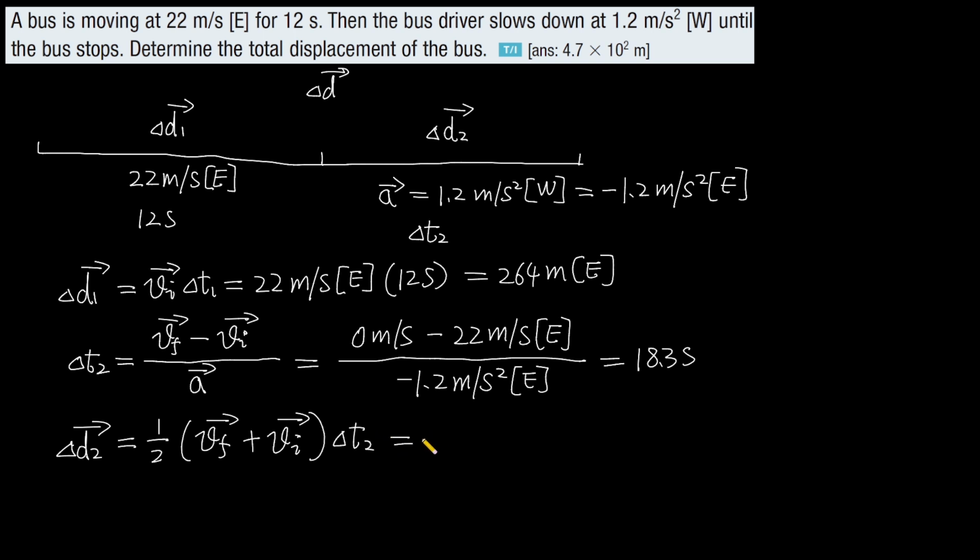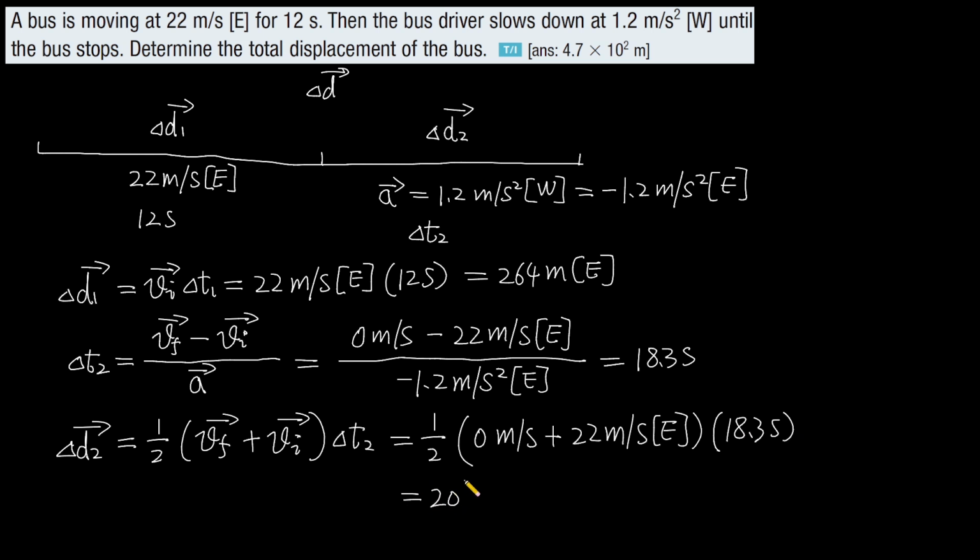This equals 1/2 multiplied by 0 meters per second, the final velocity, plus the initial velocity, 22 meters per second east, multiplied by the time interval 2, 18.3 seconds, and this equals 201.3 meters east.